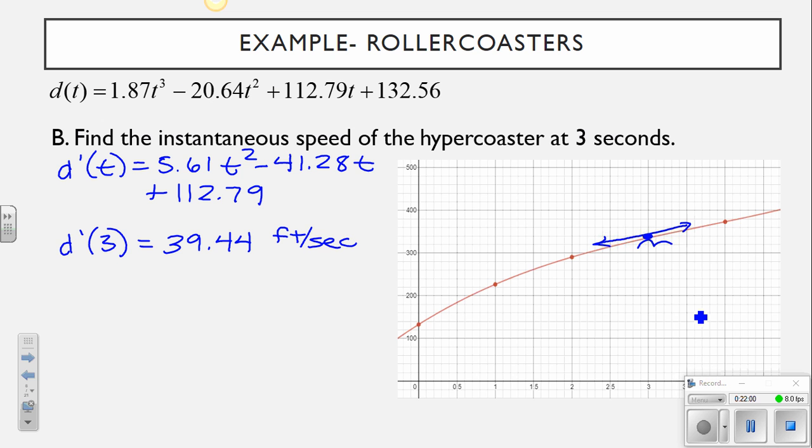All right. So this speed right here at 3 seconds is 39.44 feet per second, which will be different from the speed at 3.2 seconds, which will be different from the speed at 3.7 or 4.9 or 5.7 or 6.0.